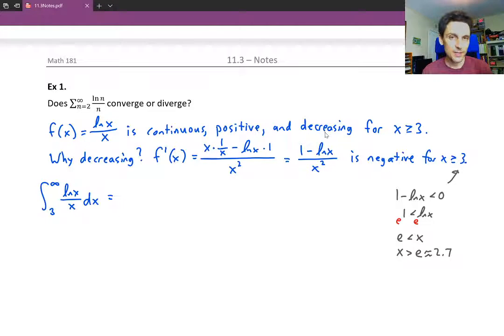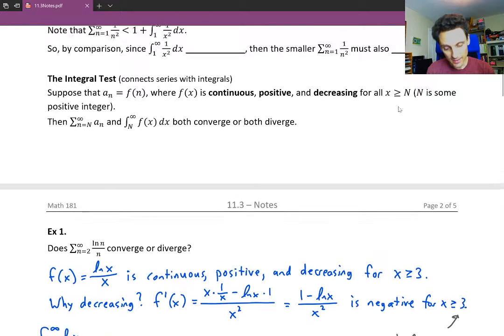And for the last one, you'll want to show that by taking the derivative of the function and showing that it's negative, at least for the x values greater than or equal to the one that you find. This 3, by the way, was the big N from the integral test.